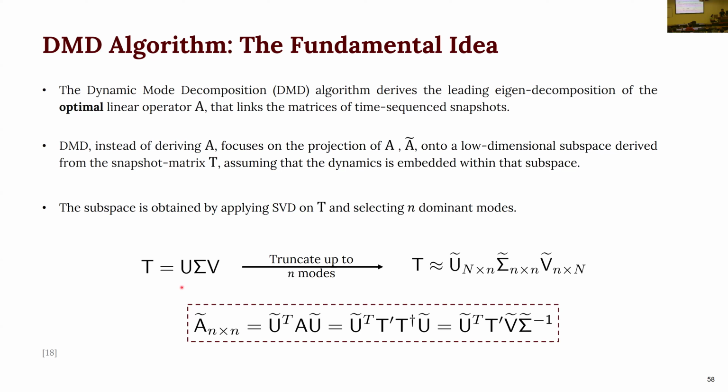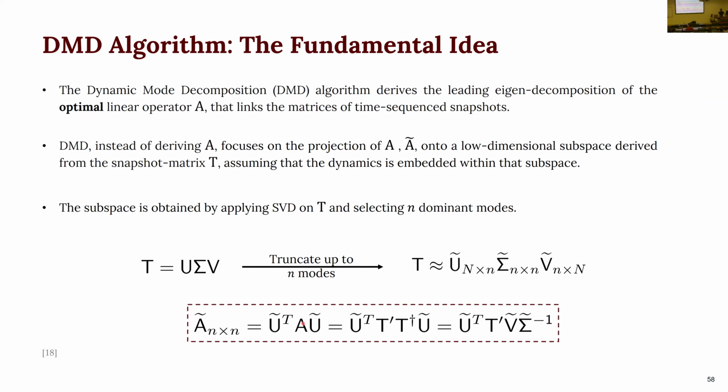Say T is the data matrix, and we truncate up to n modes to get a reduced representation of T, and then we find this U tilde. We now have A tilde, which is U transpose A U tilde.